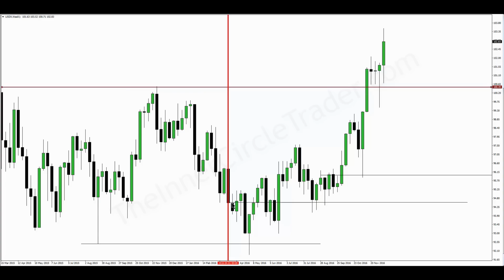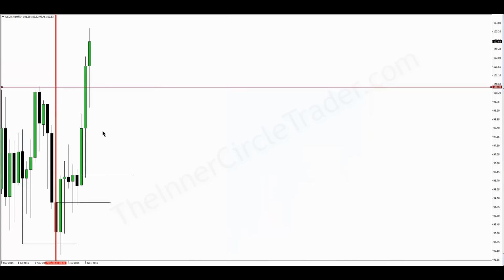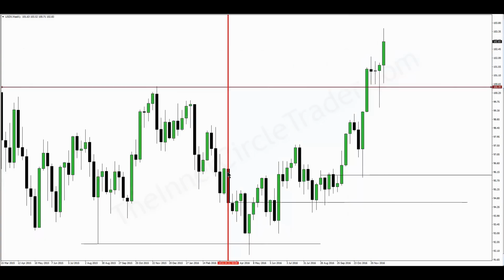It's identified again. We're going back out to a monthly chart. That's this level here. So in May, price validated that order block in May. Okay, so we're going to move over into May.